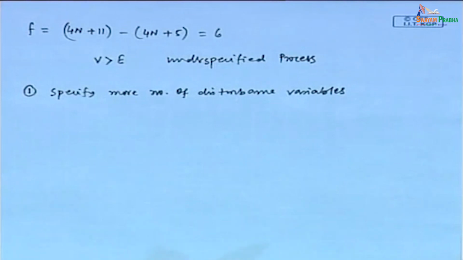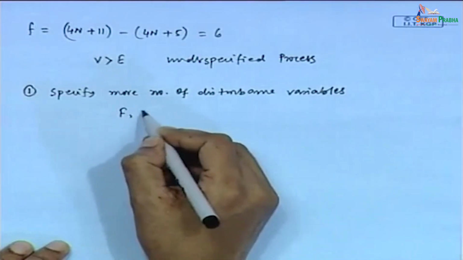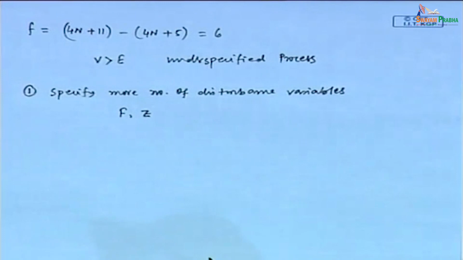To reduce F to 0, we can specify more number of disturbance variables. So, what are the disturbance variables involved in this distillation process? One is F, another one is Z. F is feed flow rate and Z is feed composition.